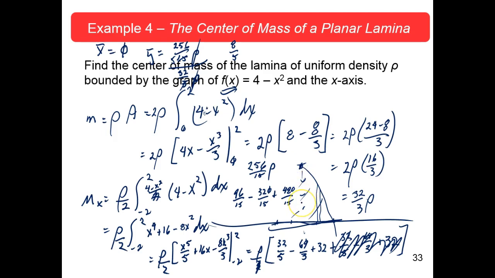Okay, 8 fifths would be 1 3/5. So that would be right about there, would be your Y bar. And that kind of makes sense. You've got more mass at the bottom of this thing than you do at the top, so it'll be less than half the way up, but not a lot more.